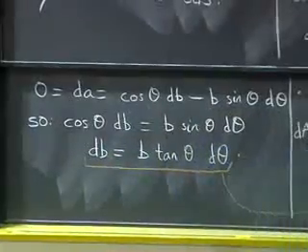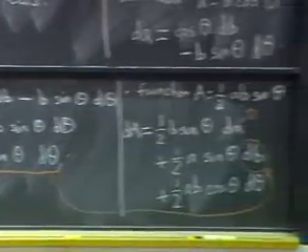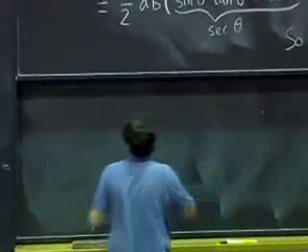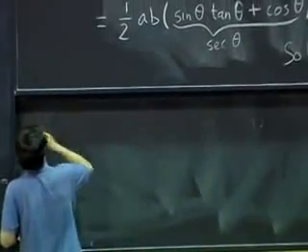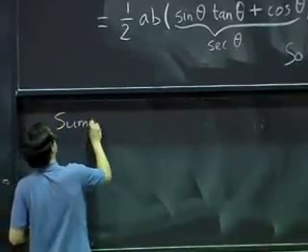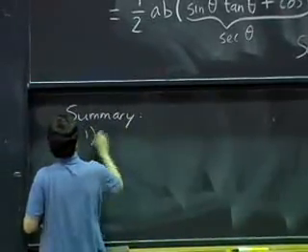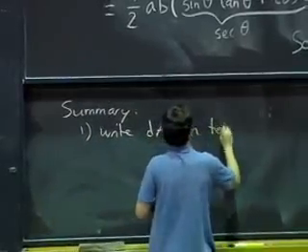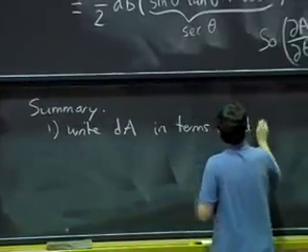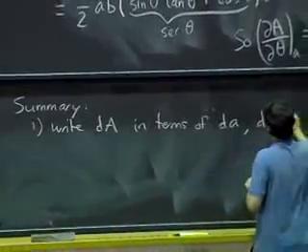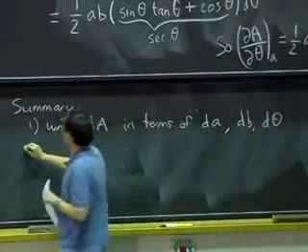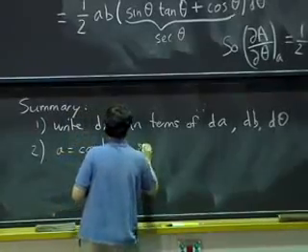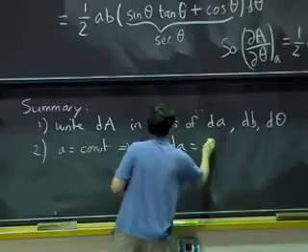Okay, so I guess to summarize the method, we wrote dA in terms of dA, dB, d theta. Then we say that A is constant, which means we set dA equals 0.